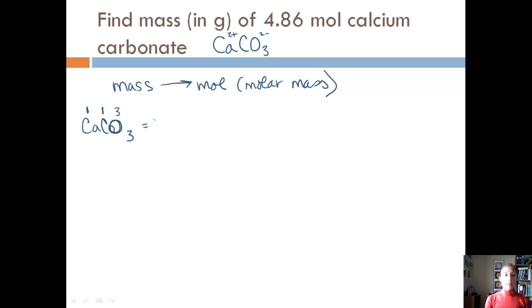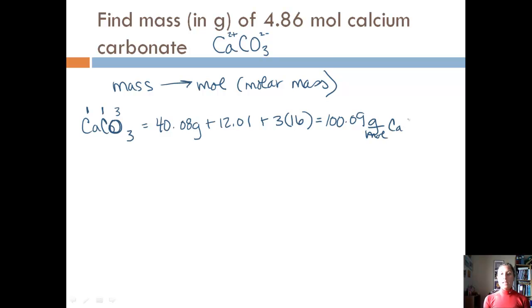Calcium's atomic mass is 40.08, I believe, plus carbon, which is 12.01, plus 3 oxygens, and each of those is equal to 16. If we add all that up, we get 100.09 grams per mole of CaCO3. So this is our molar mass.